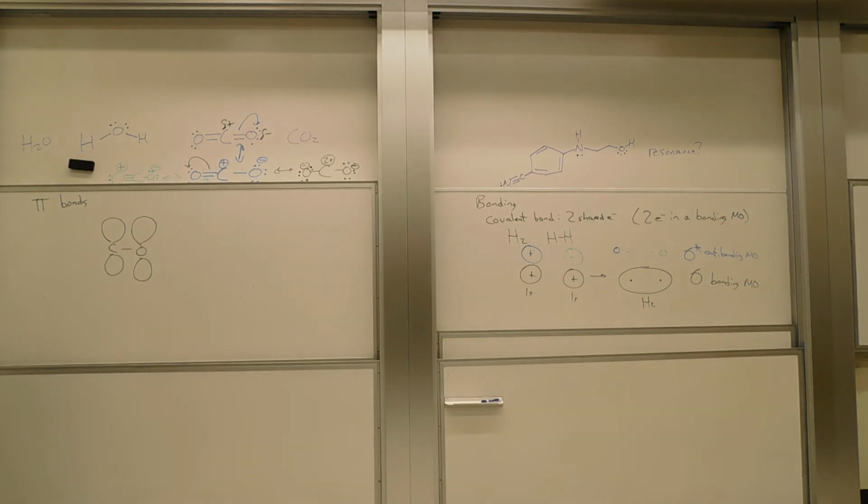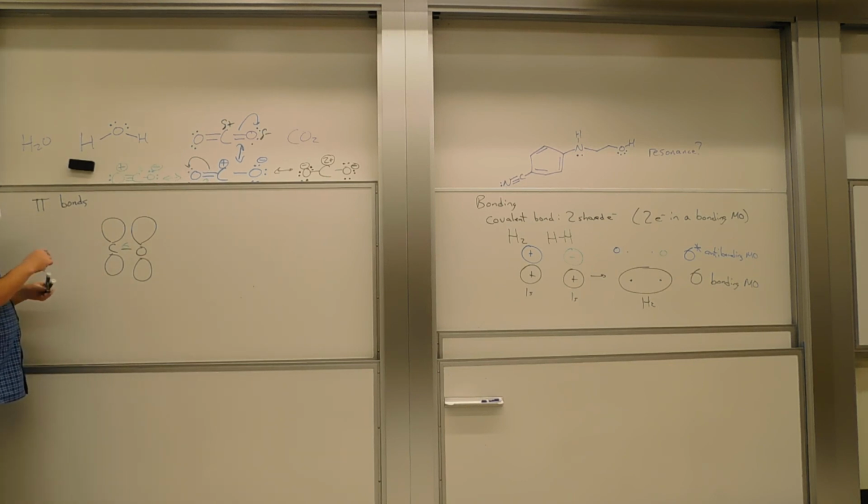So let's do the carbon-oxygen double bond. All right, so they make a sigma bond. Again, the first bond two atoms make is a sigma. Every other bond after that is going to be a pi bond. Pi bonds are weaker than sigma bonds by about 60%. Sorry, 40%.